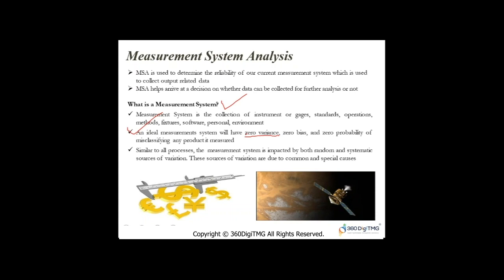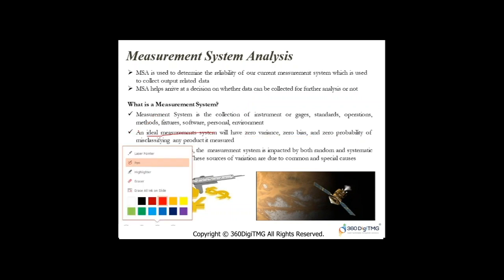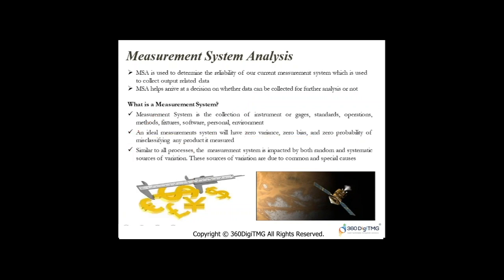There would not be any variance in the measurement outputs. There would be zero bias. And there is zero probability of misqualifying or misclassifying any product it measured, right? Do you see these kind of things in reality? I understand that this is an ideal measurement system, but do you see these kind of things in reality, right?